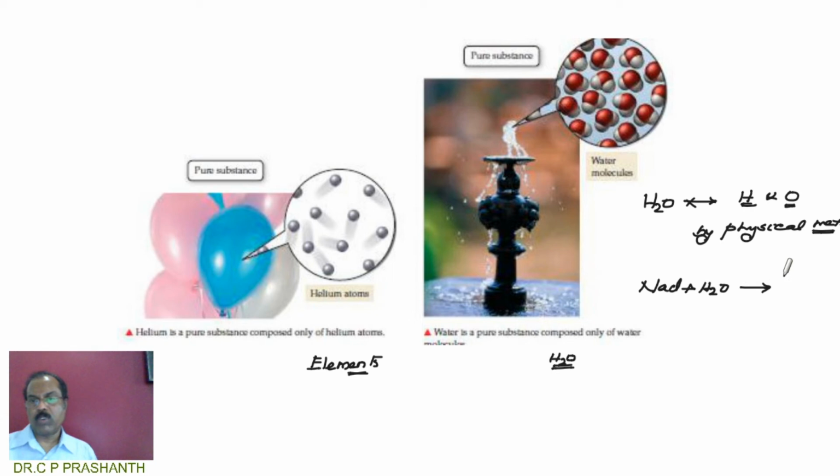So here we can separate them into the constituent substances. We call them substances because they can be compounds or elements.